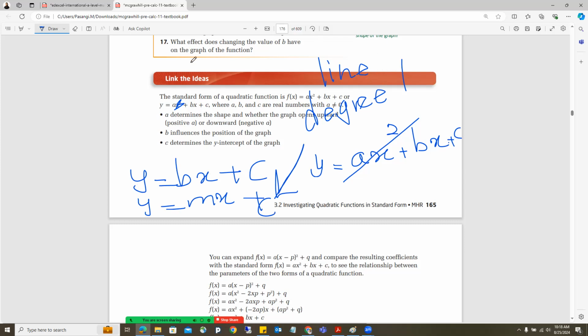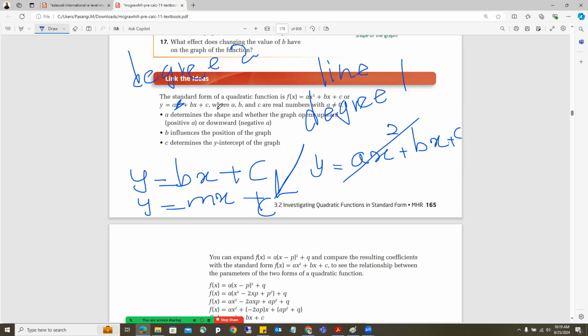If it's a quadratic function, then the degree should be 2. The maximum power should be x squared.